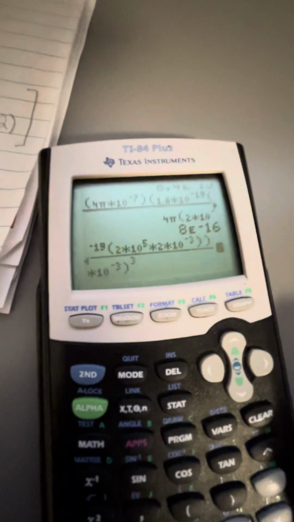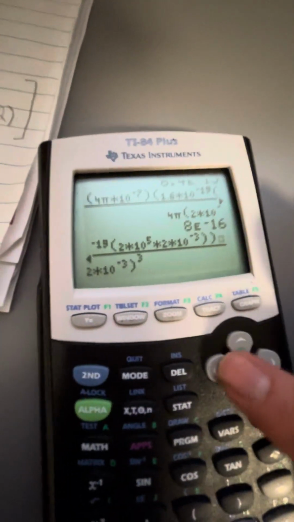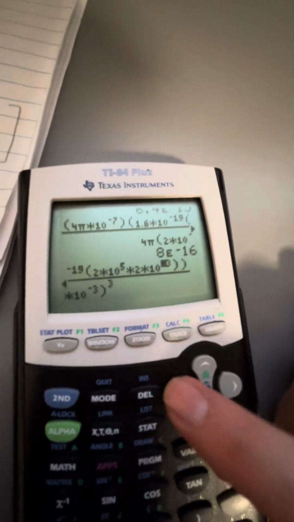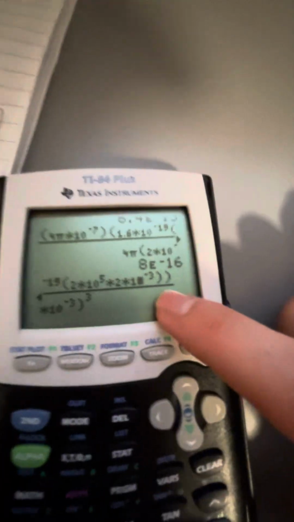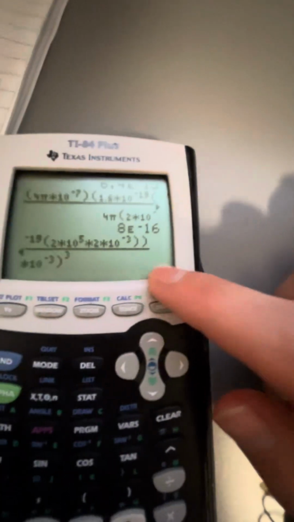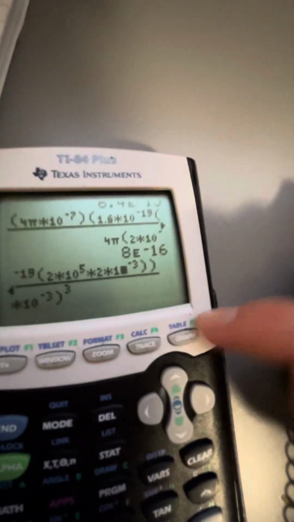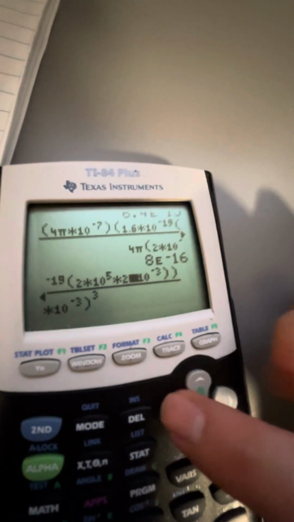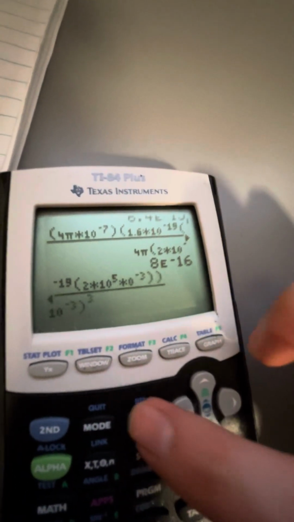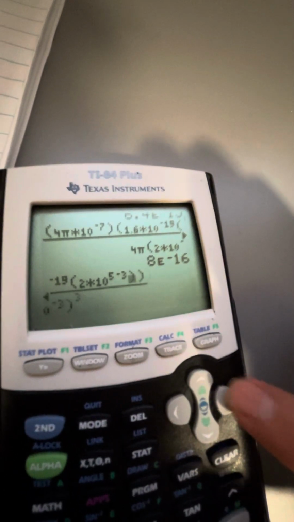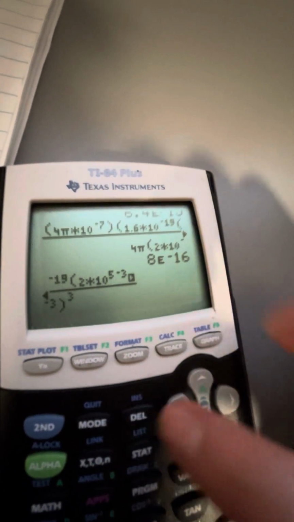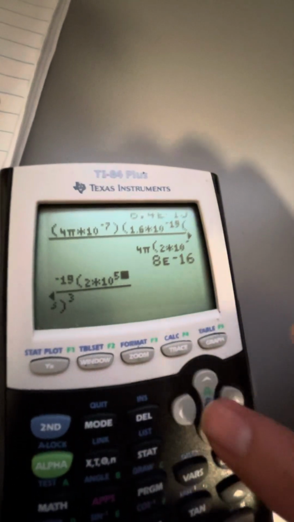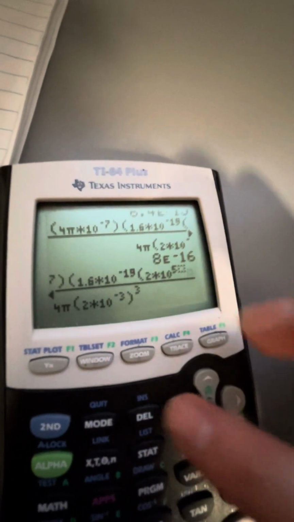So go back over here, 2 there, yep. Essentially, we can just, let me see. No, we have to add that in there, so we can't just do that change.